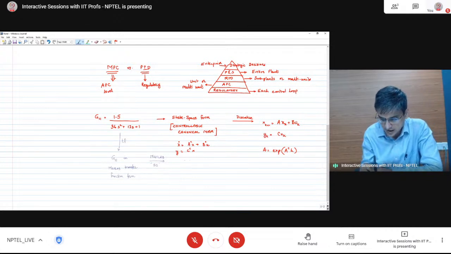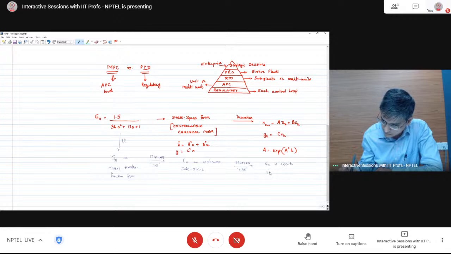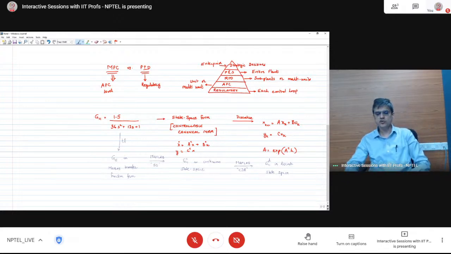You'll use the MATLAB ss command to get G11, and I will use the MATLAB C2D command to get it in discrete form. So you can use either of these techniques in order to get that.